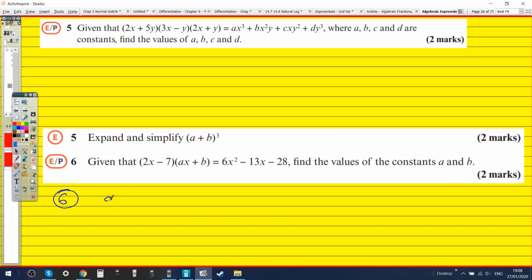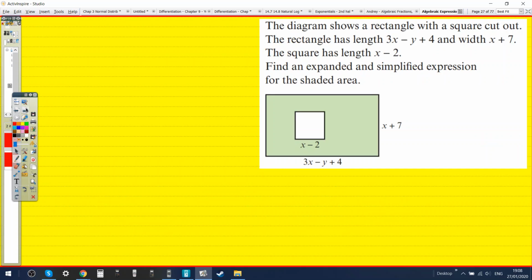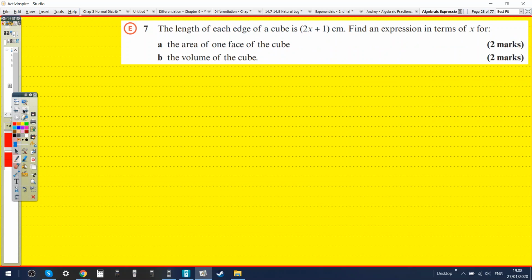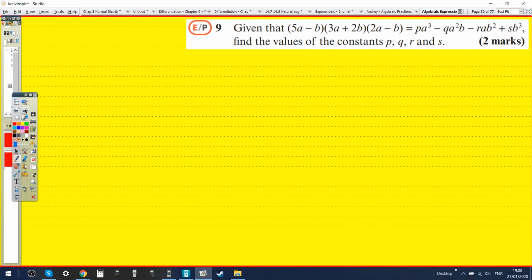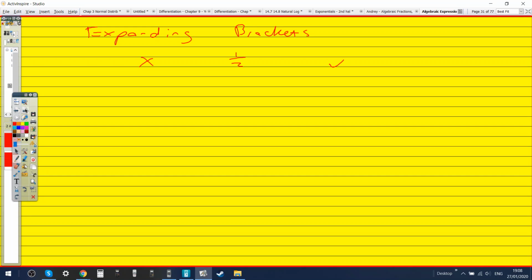So A equals 3, B equals 4. And so it was 2x minus 7 and then 3x plus 4. So, yep, that's good. Volume, that's fine. I'm happy. That's fine.